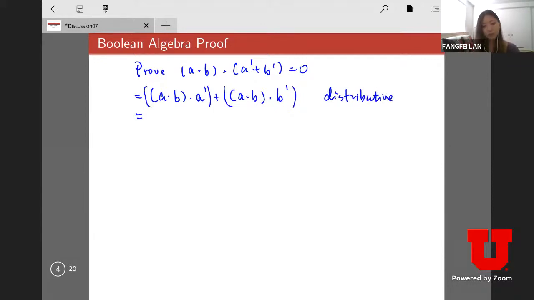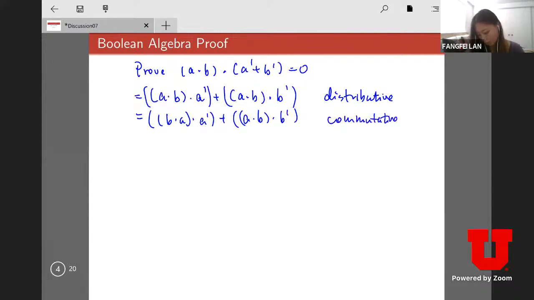And now, similarly, we're going to do commutative. We have B times A complement plus A times B complement. So that is commutative. Very similar to what we've done before.